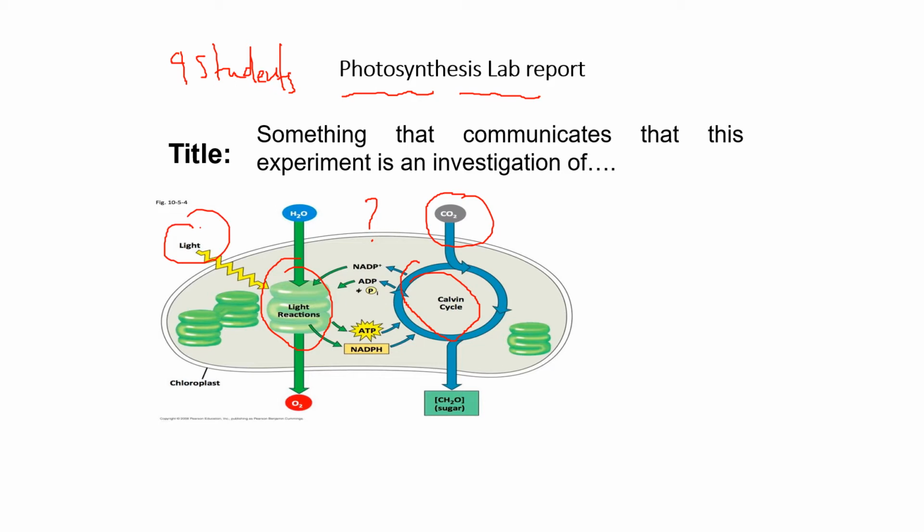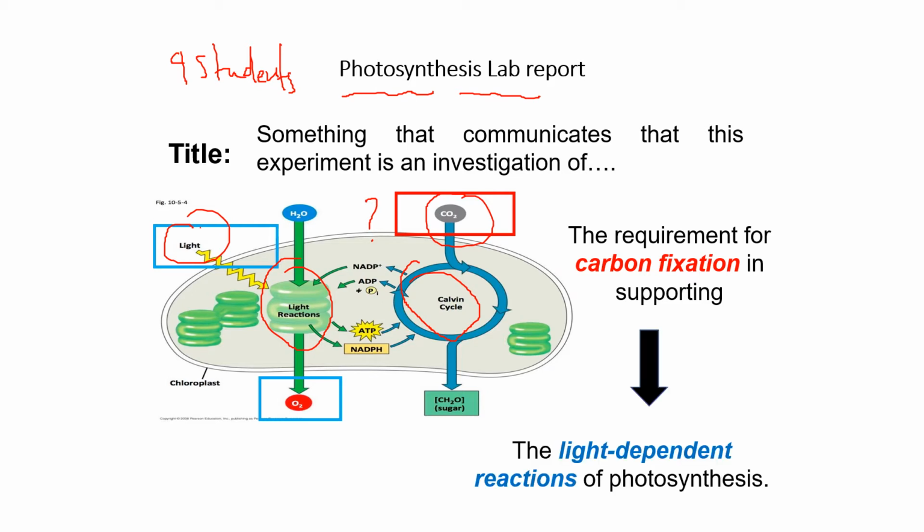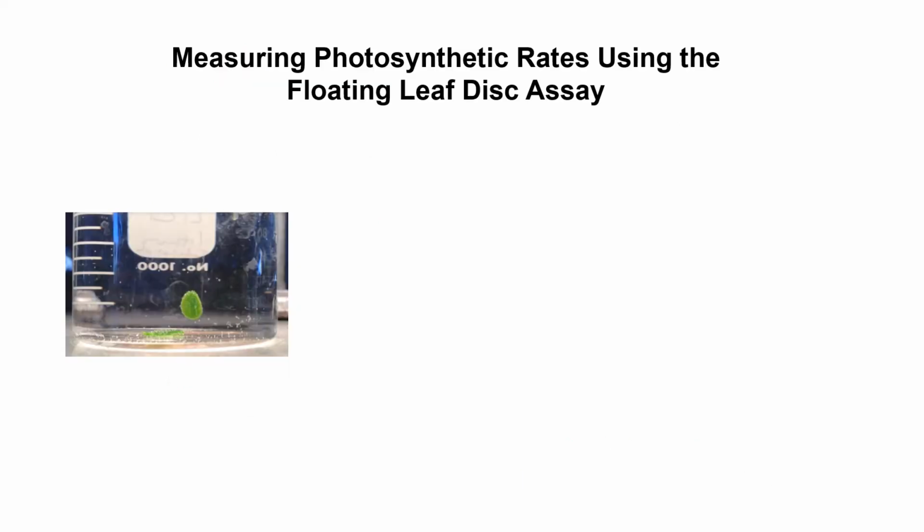So you have to develop an experiment using the leaves of spinach, those discs. As we cannot do it, I will send you the data. The idea is to test the requirement for carbon fixation in supporting the light-dependent reactions of photosynthesis.